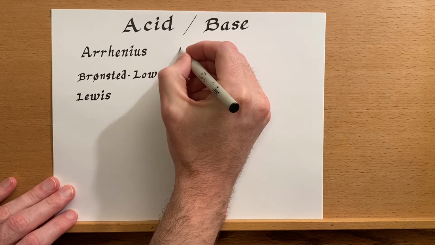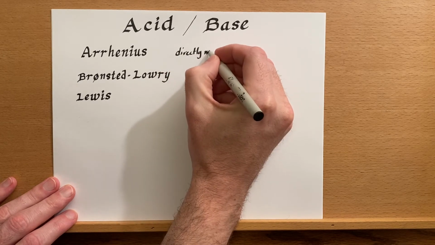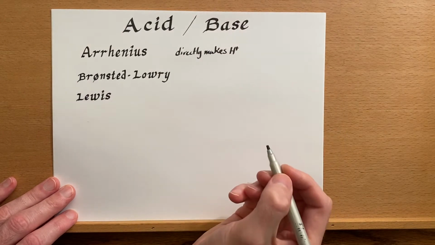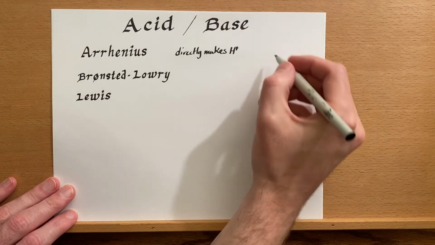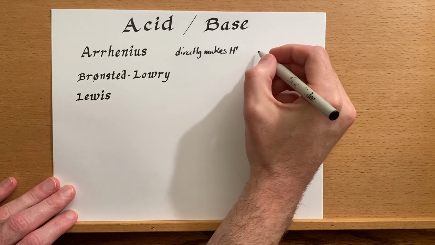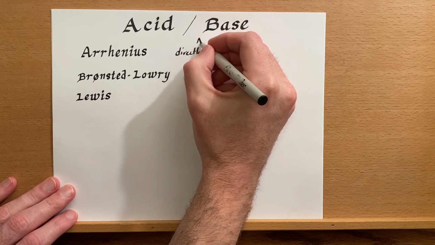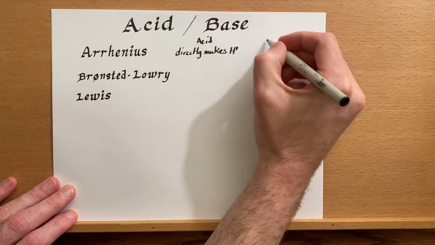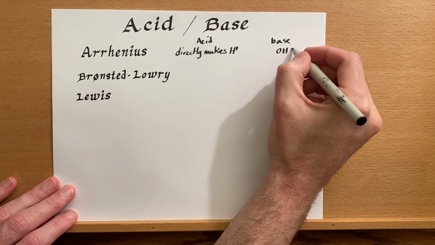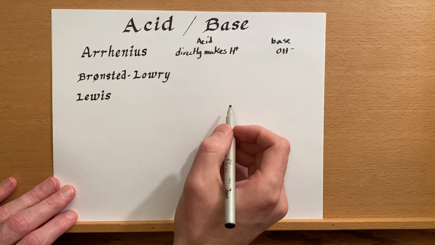So it directly makes H+, and for a base it will generate OH-. So this is for the acid, this is the base. Same thing, directly makes, but in this case it makes OH- for a base.